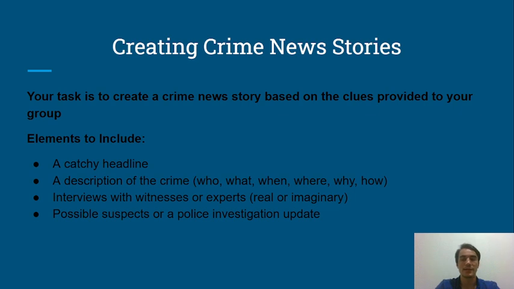You should not leave any of these out because these are the important points and information in a crime story. Then interviews with witnesses or experts, real or imaginary. You could use some people in your group as witnesses or as experts in the crime. And possible suspects or a police investigation update.